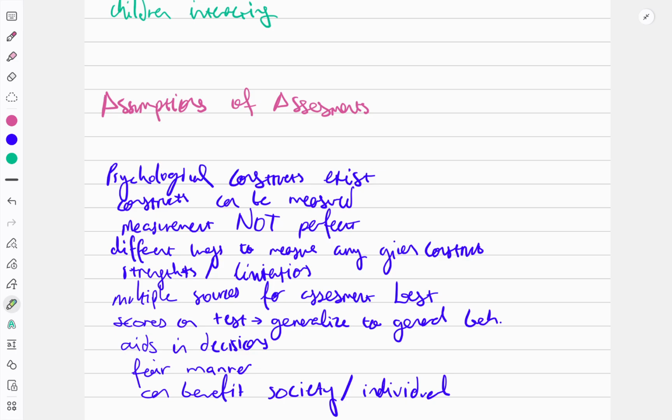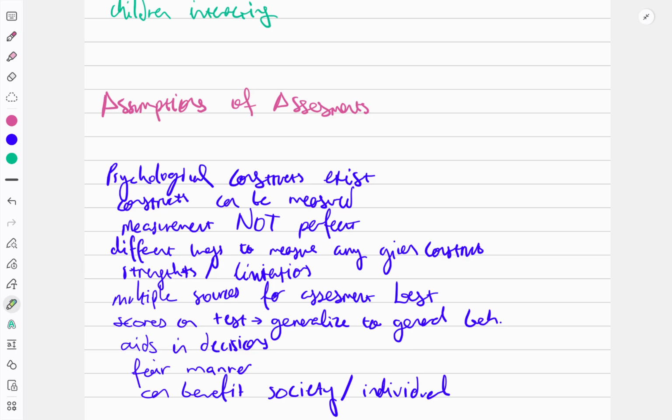We need to have different ways to measure any given construct. There are strengths and limitations of different ways, and we need to have multiple sources for the best, most accurate assessment.